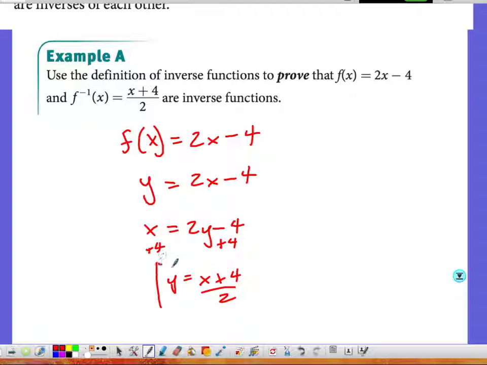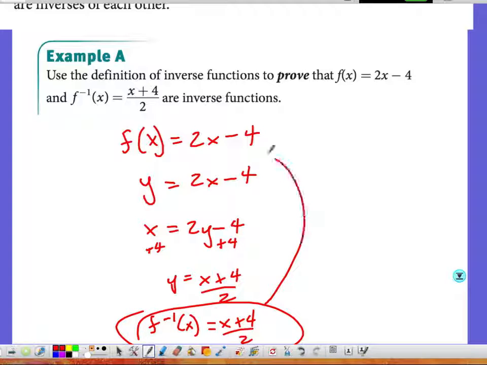And then finally we replace the y with f inverse of x equals (x plus 4) over 2. So this would be the inverse of the f of x function, which is what we have here.